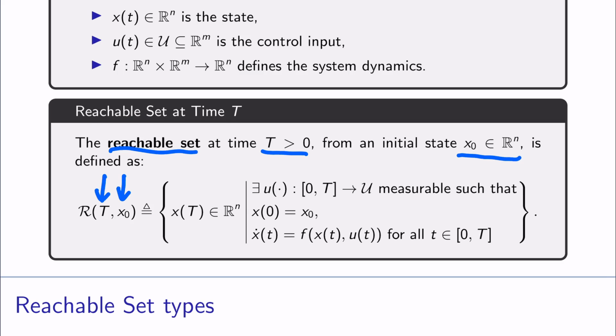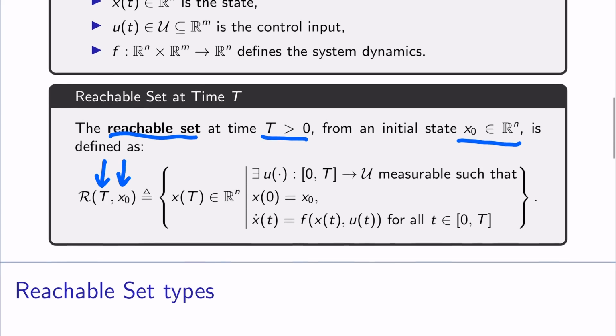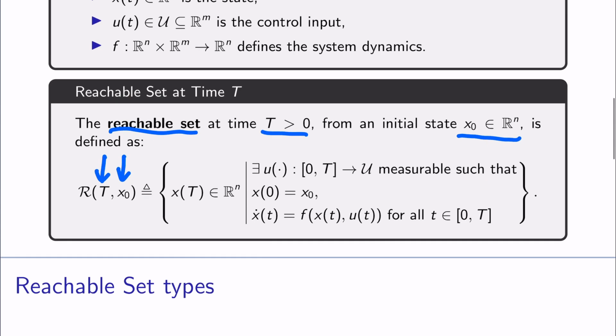Let's say this is our starting point, and capital T is the time, and there are some input signals that we can apply.